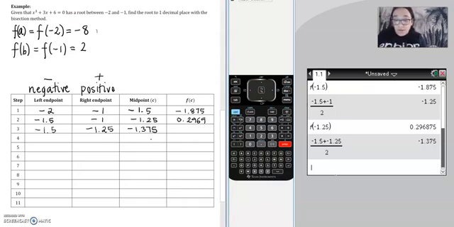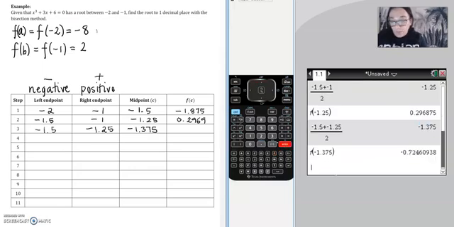We're going to sub this into the function. So f, pick that up, and we get negative 0.725. It's negative now, which means negative 1.375 will replace this left endpoint because that also had a y coordinate that was negative. So I'm going to quickly fill in the rest of the table following that pattern, and I'll be right back.